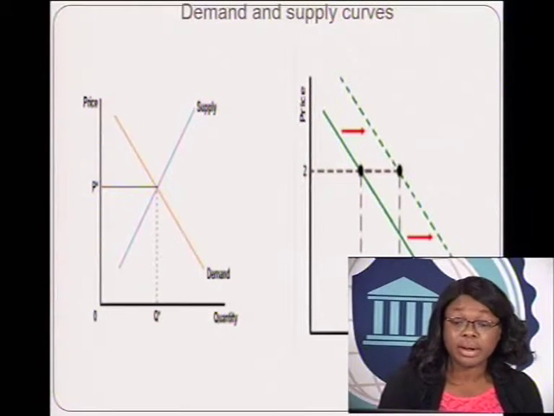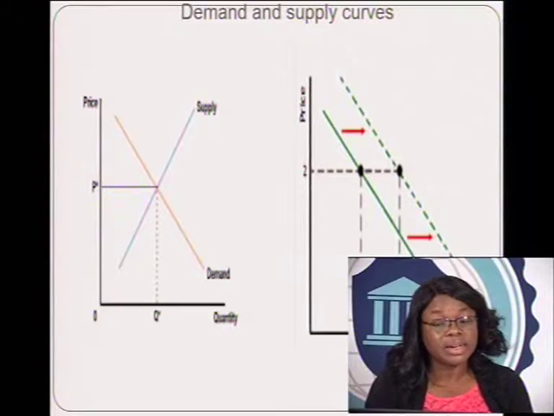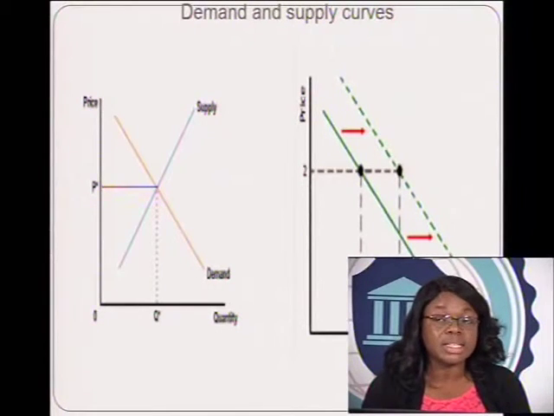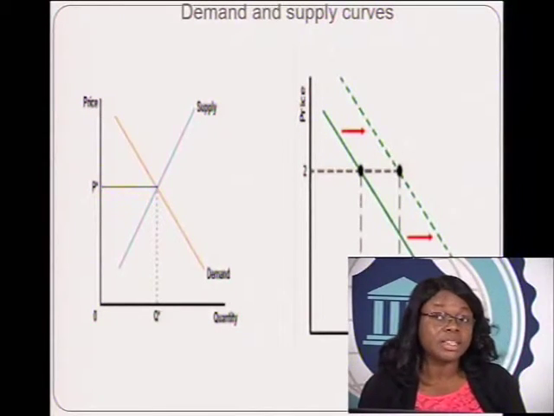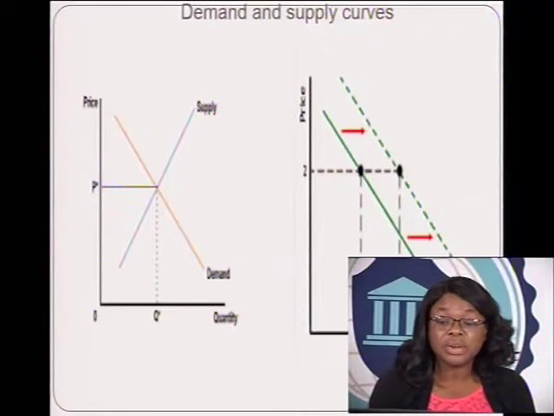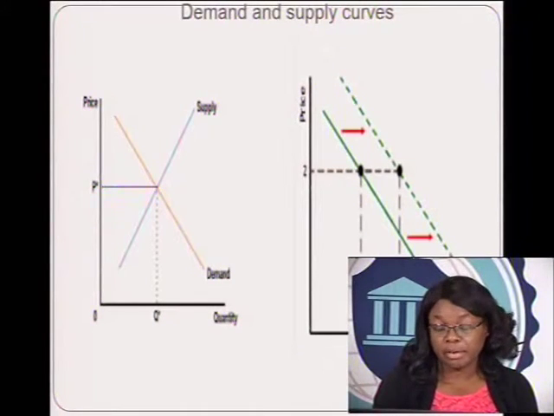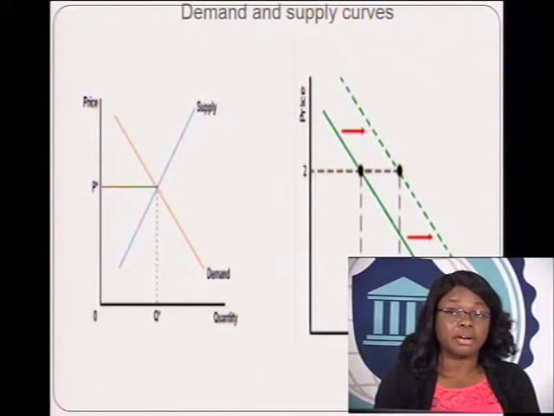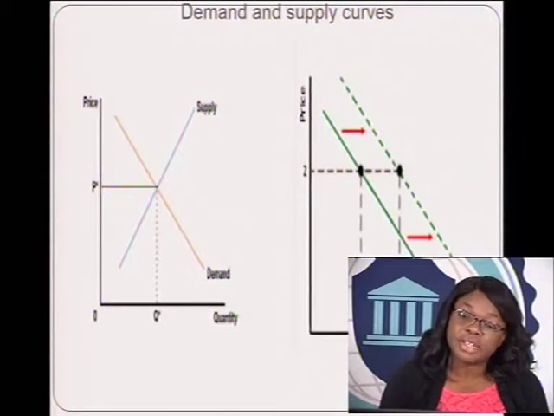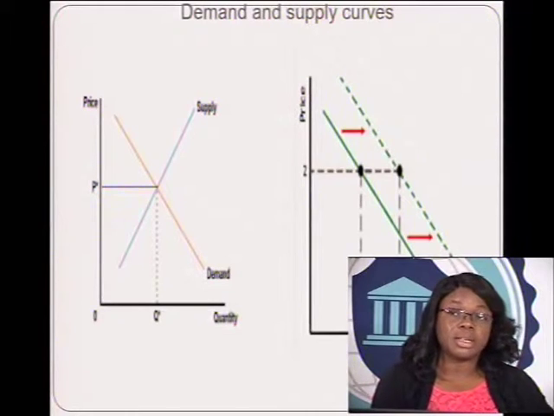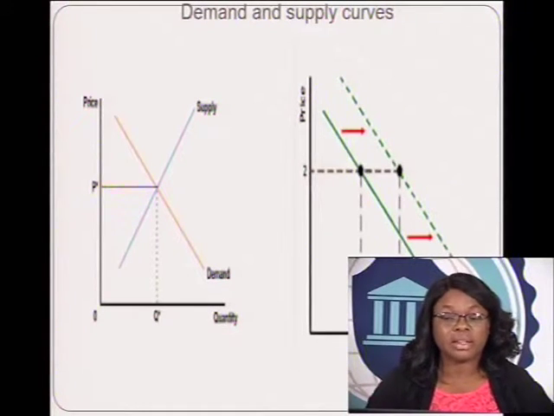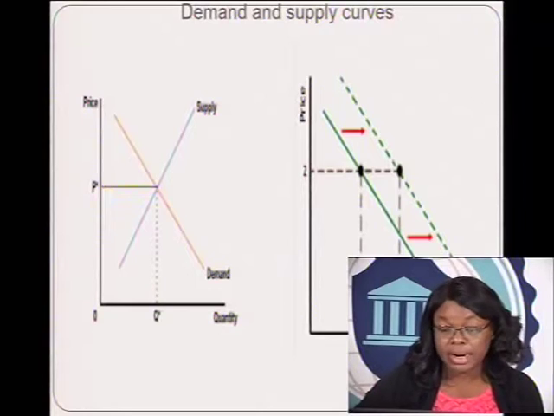Both curves in one diagram. On the right hand, we can see what I call the increase in demand, a shift in the demand curve. You see D1 is the initial demand curve, and D2 is a new demand curve. What causes a shift in the demand curve? Things like taste and income, other things not related to price.